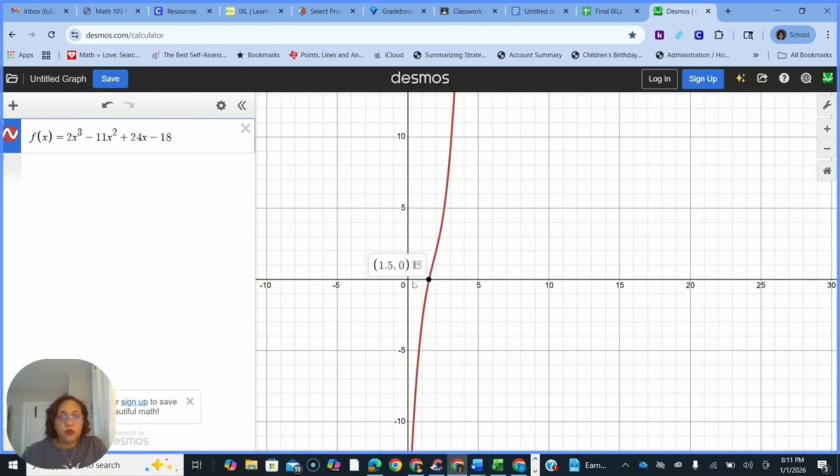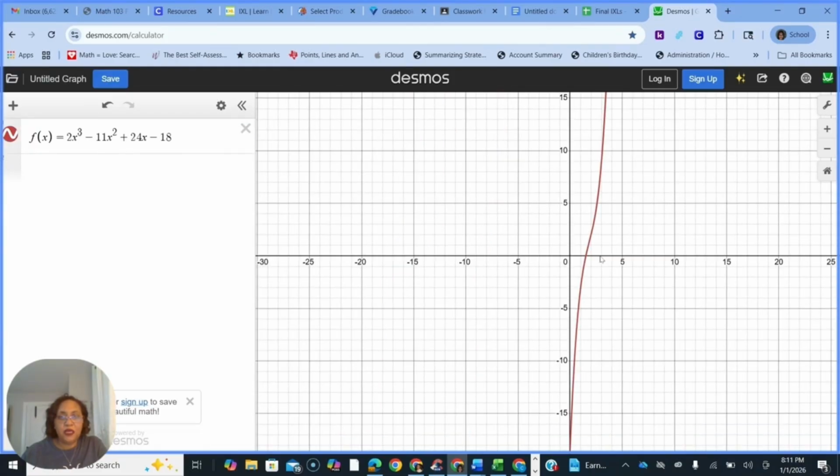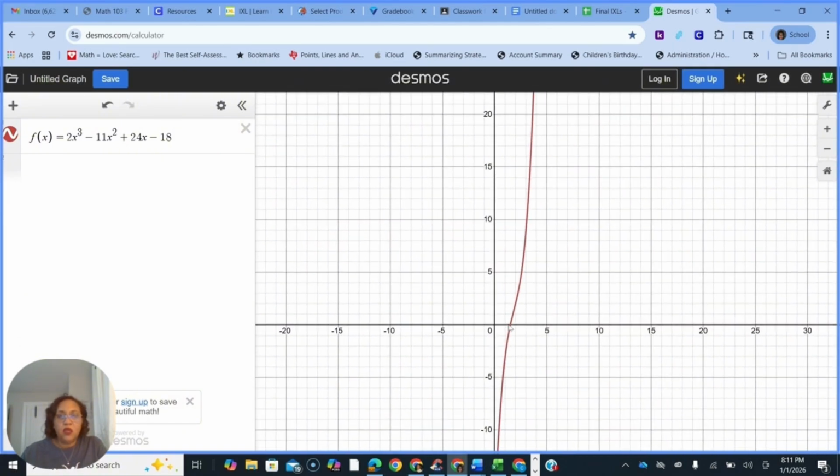That means we're going to the left side, so f of x, which is the y value, approaches negative infinity. And then on this side, as x approaches positive infinity, f of x approaches positive infinity as well.